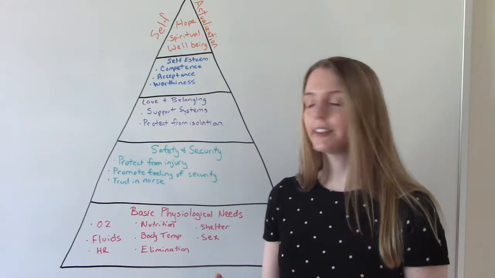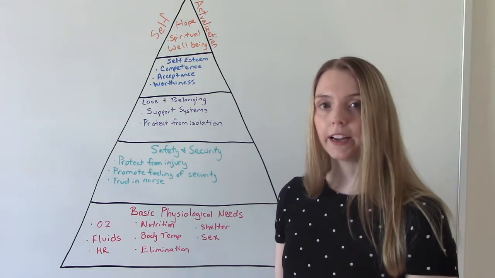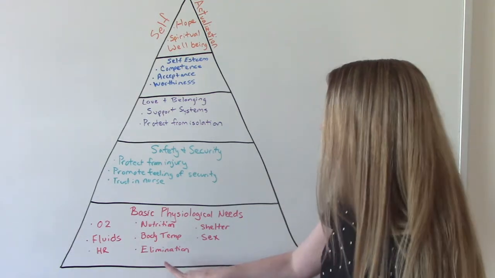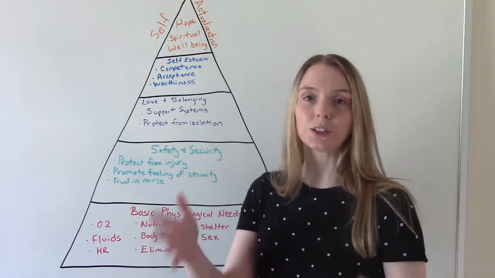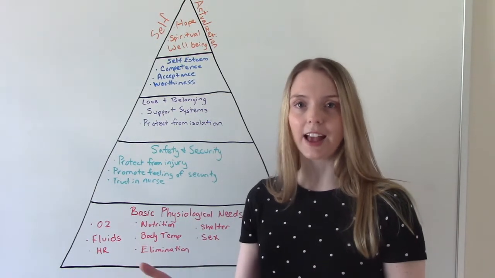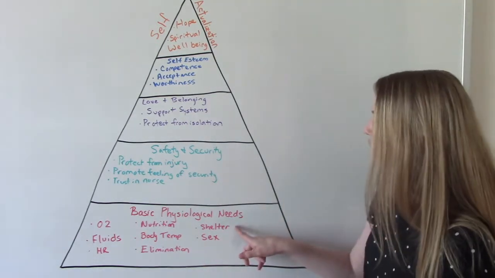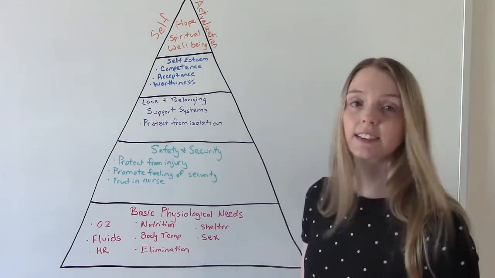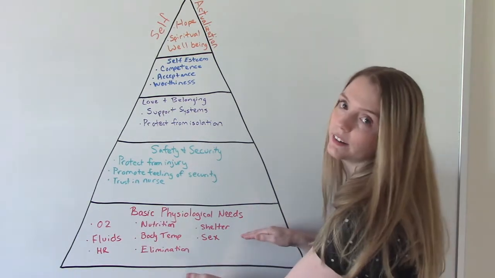Our body temperature, is it within a normal range, or is it dangerously high or dangerously low? Our elimination, so are we eliminating properly? So are we using the restroom properly? No issues with that at a normal time and date and all that stuff? Shelter, do we have shelter? And then even sex. This is our basic physiological needs. So this is our priority.